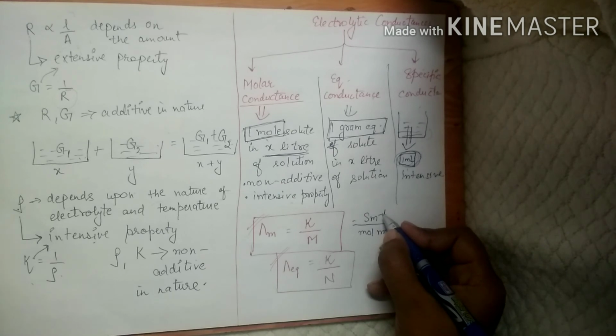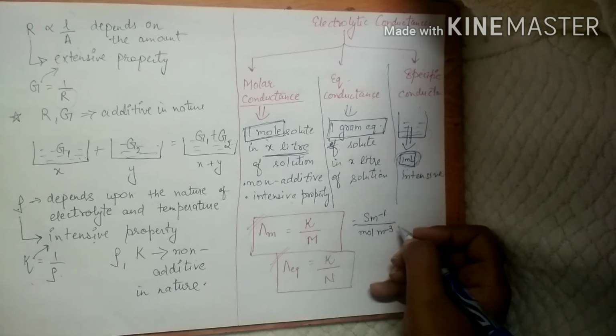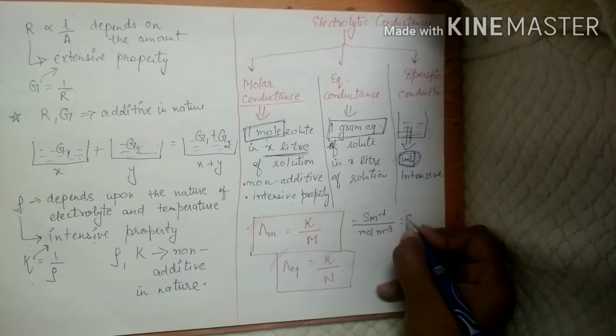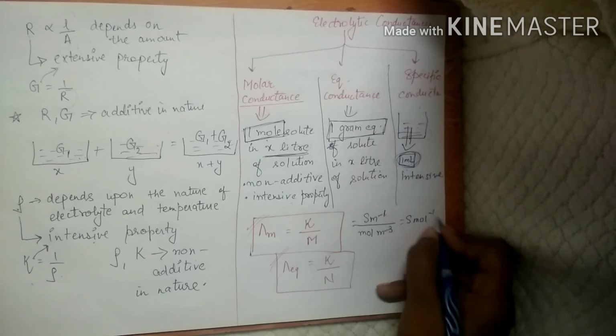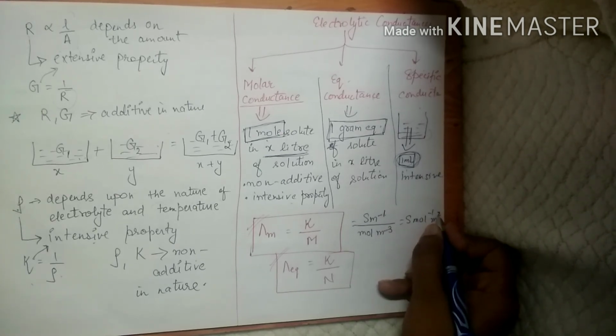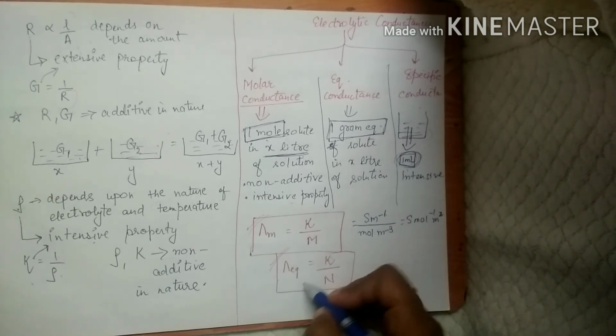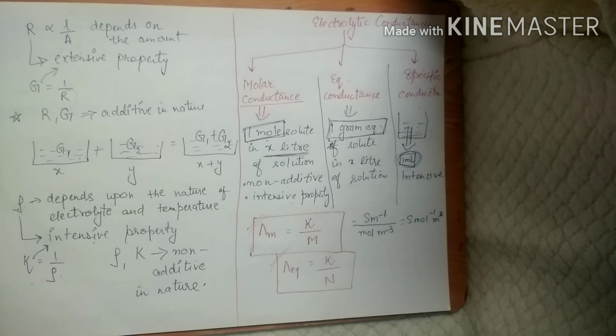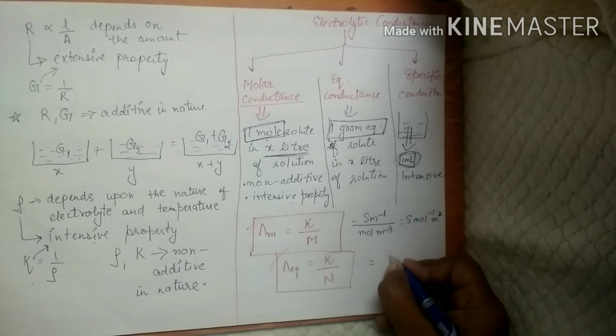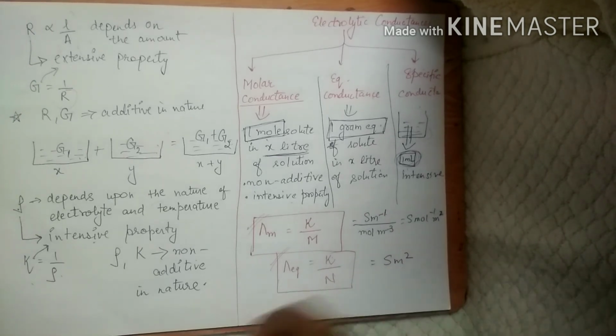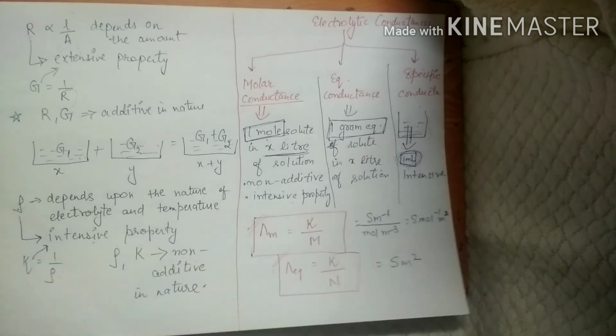So you have to take care of the units everywhere. If I solve this, I get Siemens mole inverse meter square. Similarly, you can find out the units for lambda EQ. For lambda EQ, your units will come out to be Siemens meter square. You can solve it by yourself, right?